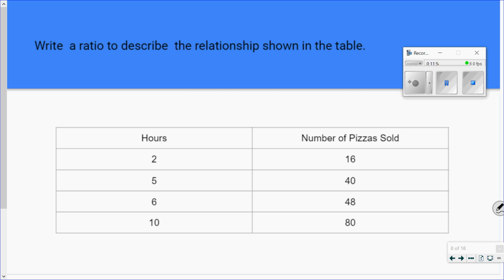Okay, so on page 42, you have this table in the book. What can you tell me about these ratios? Yes, Wyatt. Okay, we'll get back to you after that. Okay.